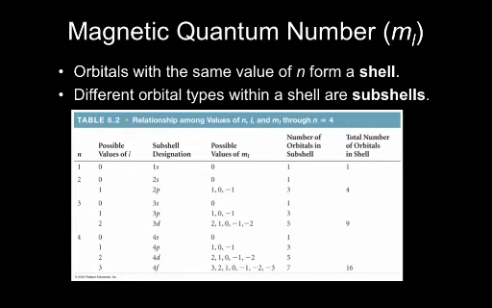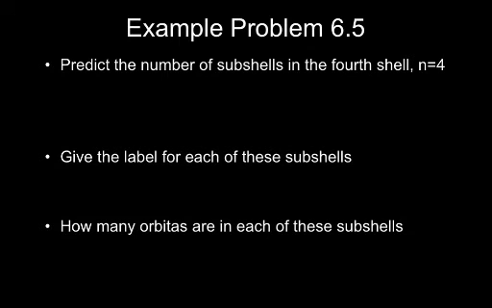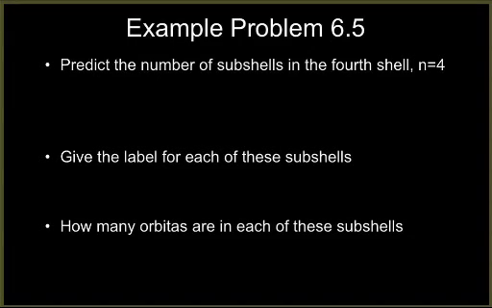Okay, so let's look at a question that goes along with this. The first one says, predict the number of subshells in the 4th shell, n equals 4. At the 4th energy level, we would have s orbitals, p orbitals, d orbitals, and f orbitals.